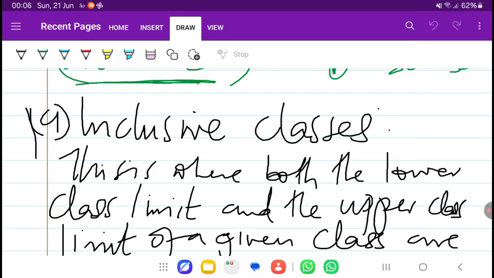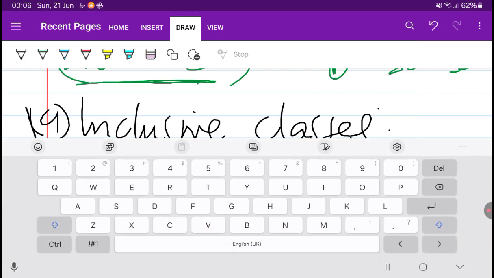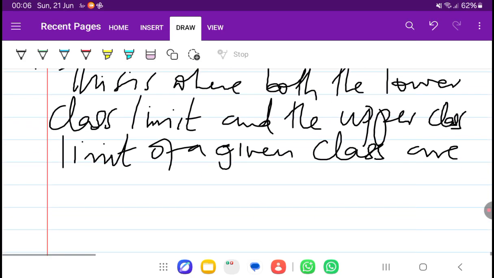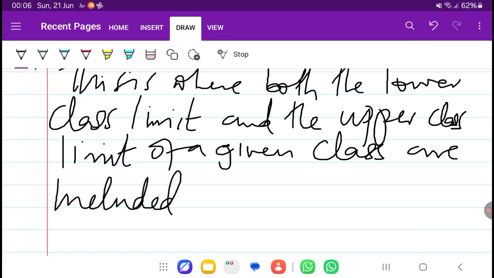This is where both the lower class limit and the upper class limit of a given class are included in the class.